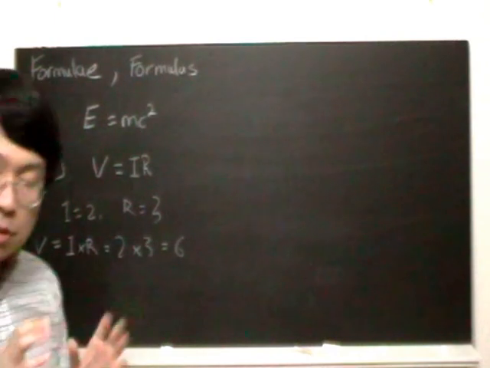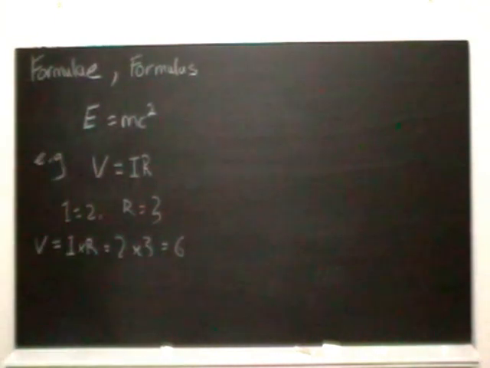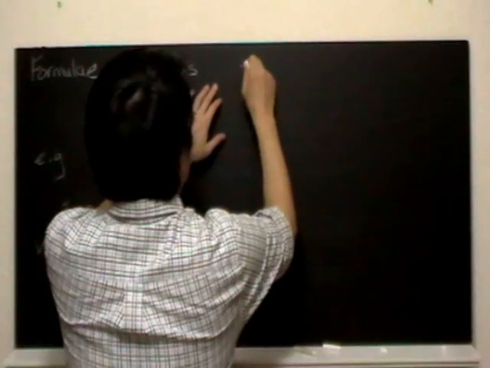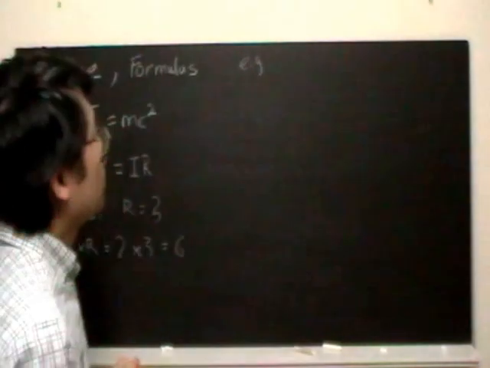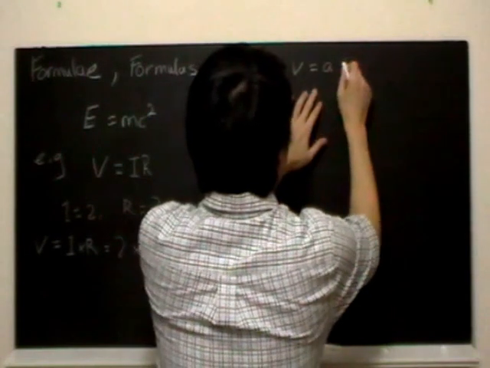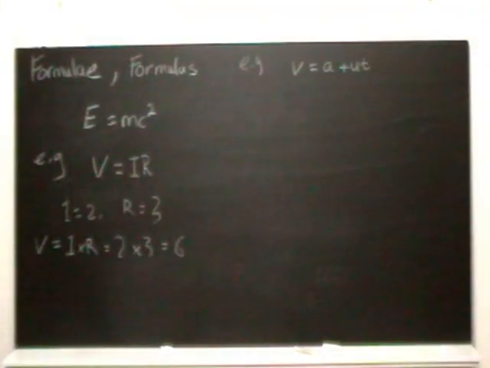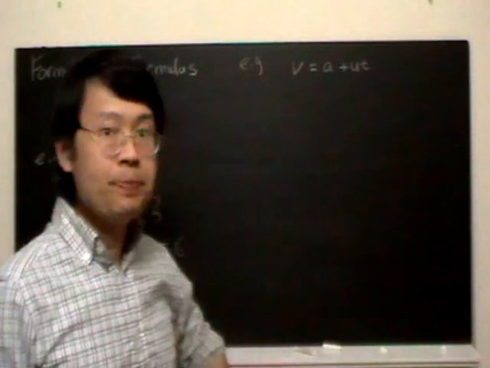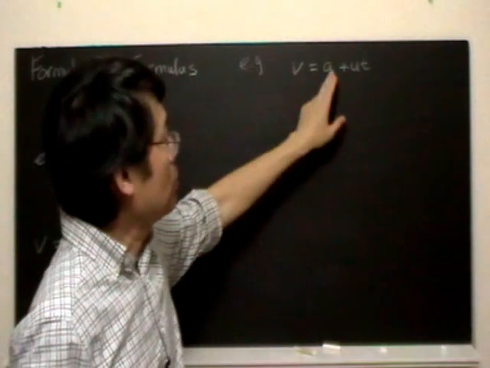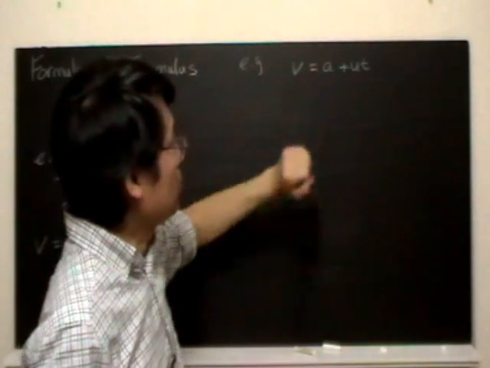So let's just get a little bit more practice by looking at another example. V equals A plus UT. This is a formula. It expresses V, the symbol V, in terms of A, U and T. So that's a relation between the symbols.